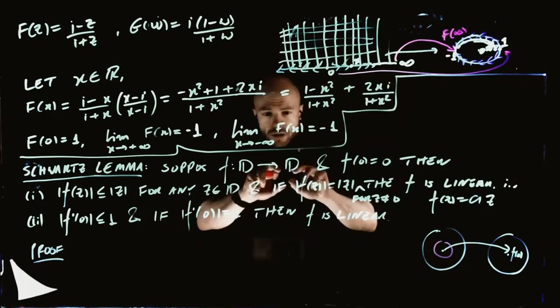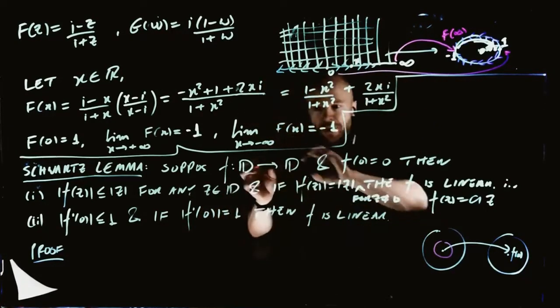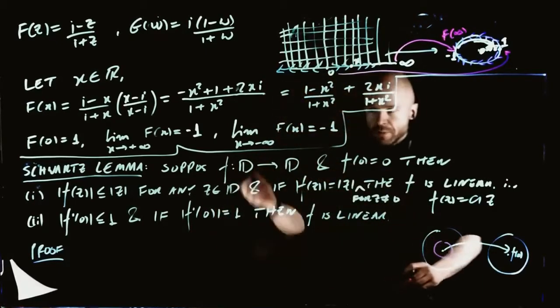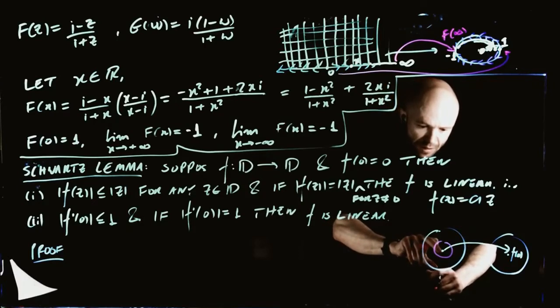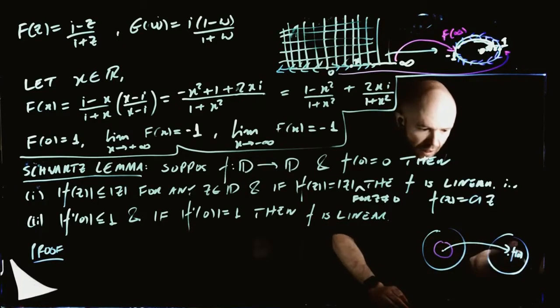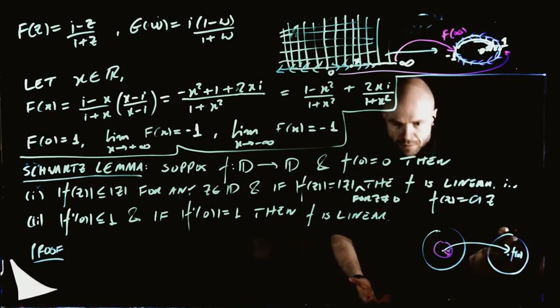I should emphasize this is into the unit disk, so we just know it's inside the unit disk in the image. We don't claim we're mapping the unit disk onto the unit disk. So whenever we take any ball inside this, if it has radius r, then the image is contained within something of radius less than r.